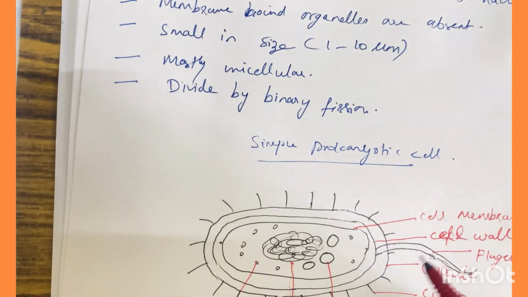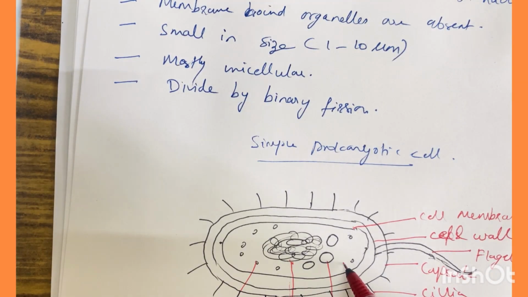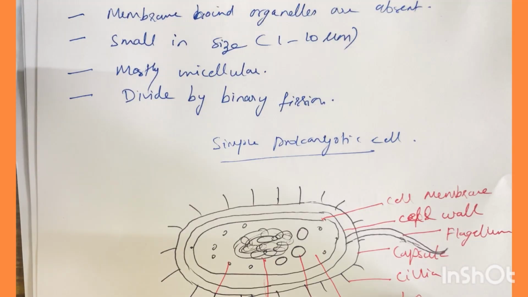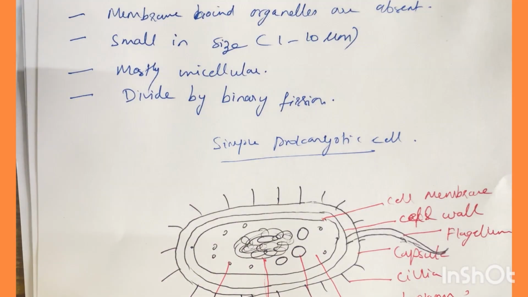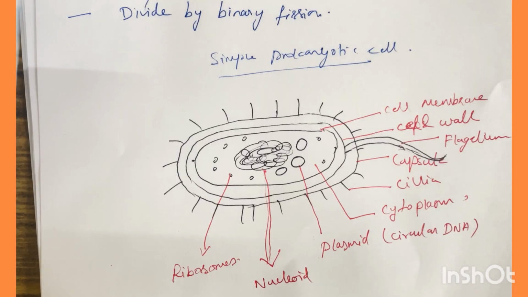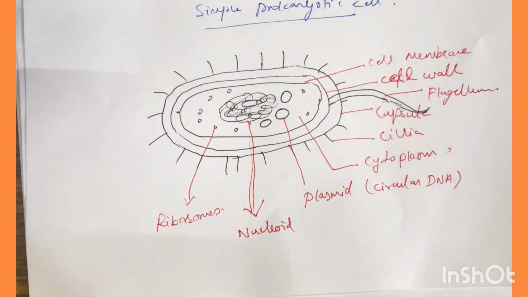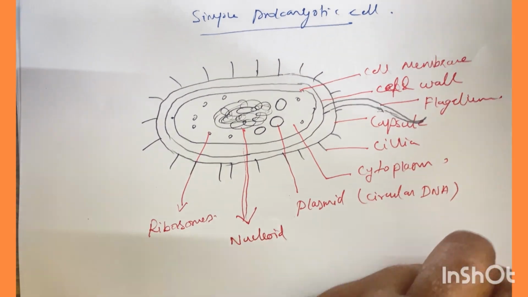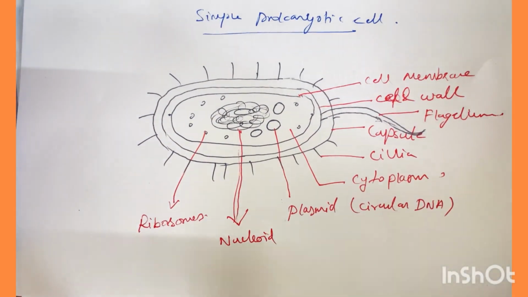And of course, apart from all this, you also have cytoplasm. So this is a basic diagram of a bacterial cell. I hope you understood. This was clear, isn't it?